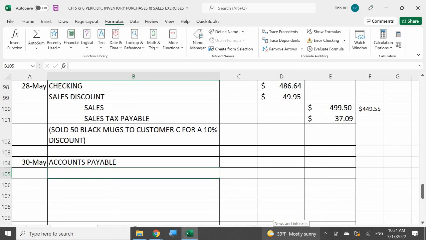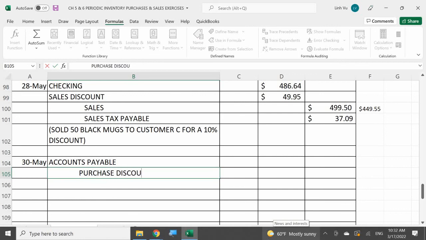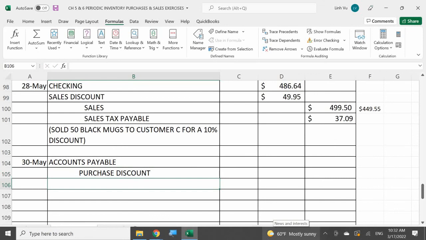I'm also going to recognize that I have a purchase discount because I received one of the discounts on one of those days. And last but not least, I need to pay them, and I said that I was going to pay them using check number 201.